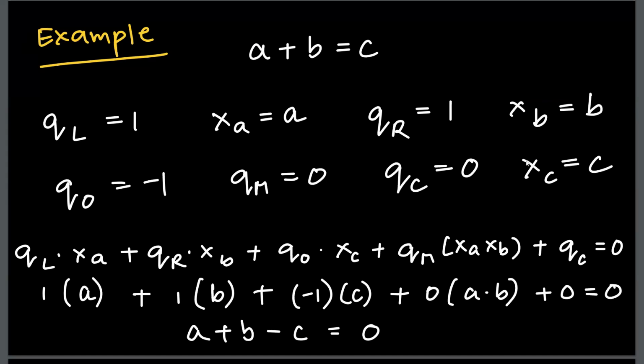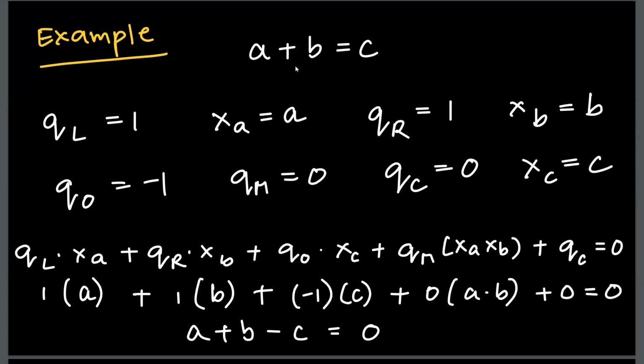So we have configured the variables. Now it's time to configure the selectors. QL stands for the left wire selector, QR is the right one, QM is for multiplication, QO stands for the output selector, and QC is for the constant selector.